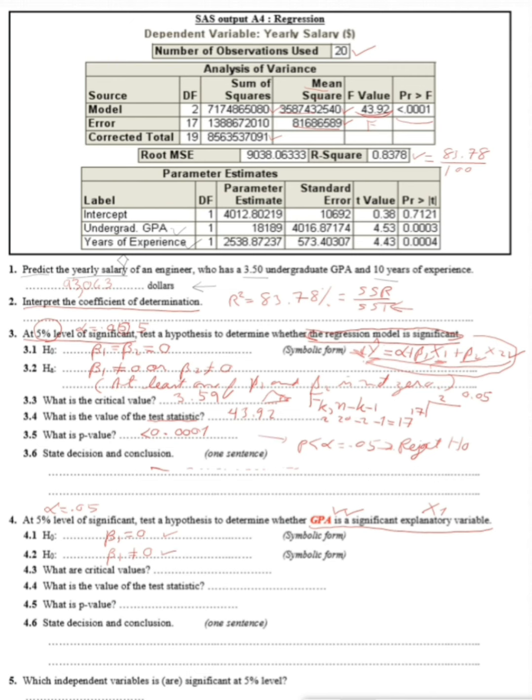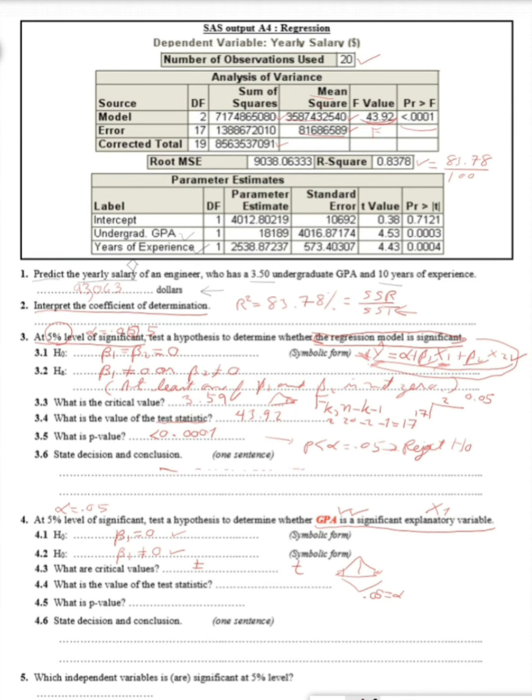What are critical values? This is a two-tailed test. This is a t-test. You must read t, two-tail, with 0.95 in the middle. The two-tail area must be 0.05, alpha. So you go to the t table and read plus and minus two values.